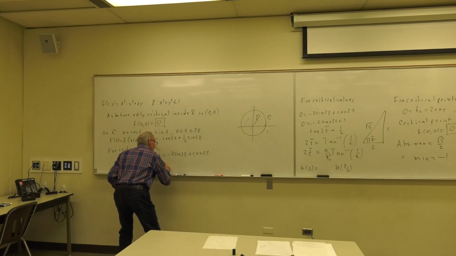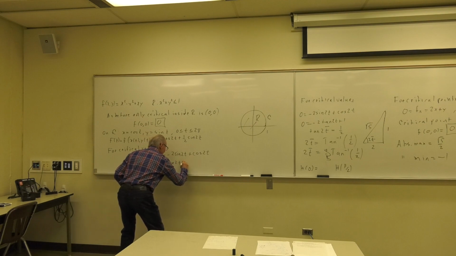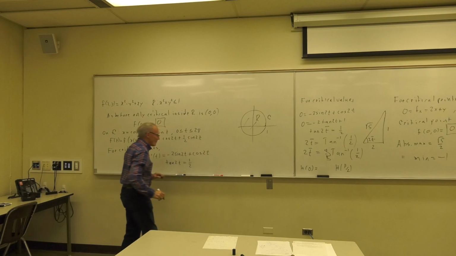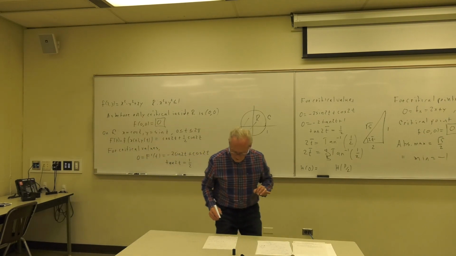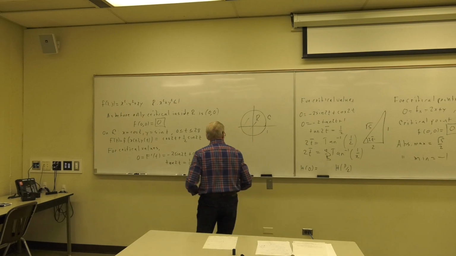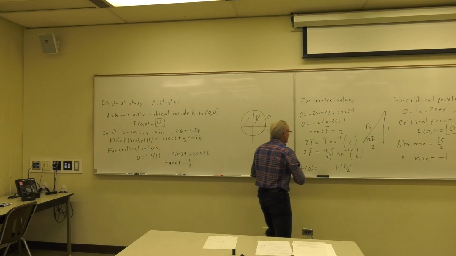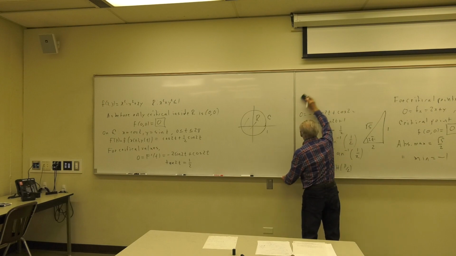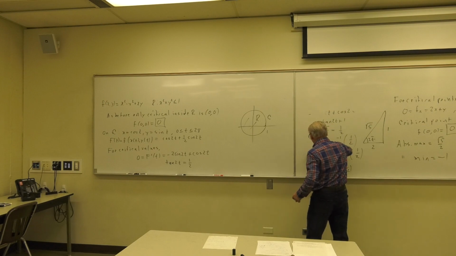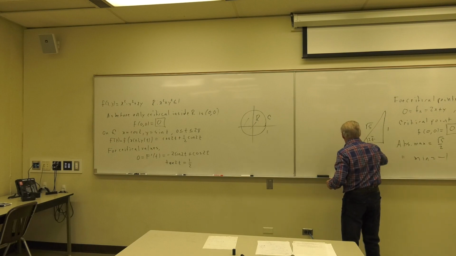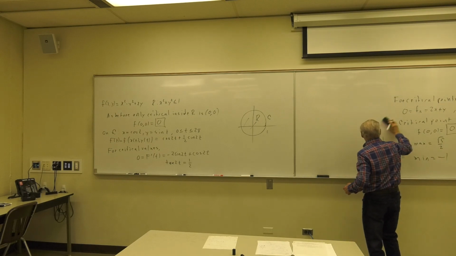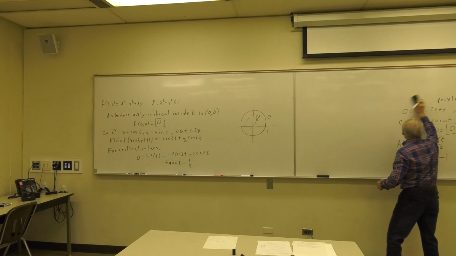Which leads me to then that the tangent of 2t is equal to 1/2. That we had before, I believe. I hope so. All right. So now what? We need all the solutions of that equation between 0 and 2 pi.